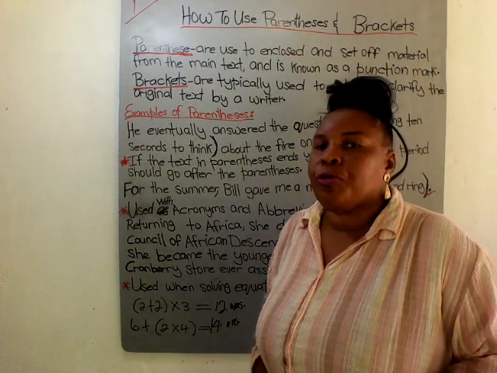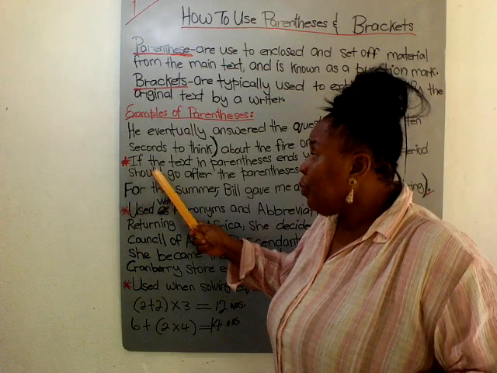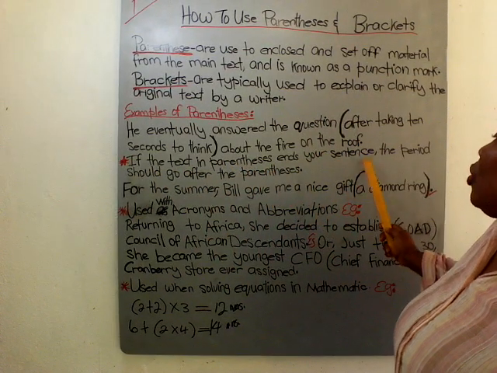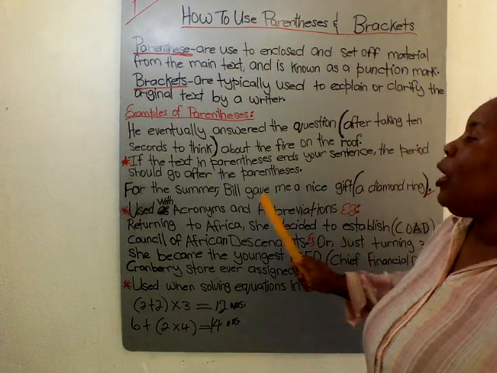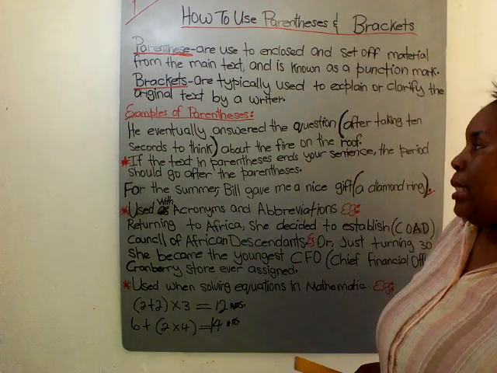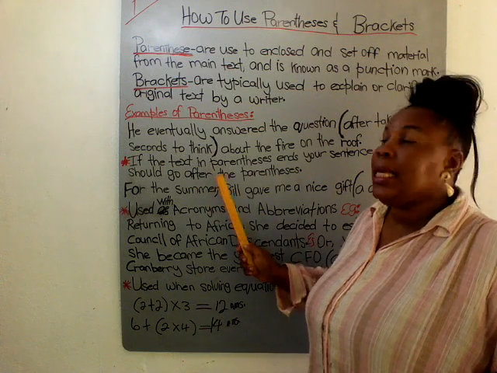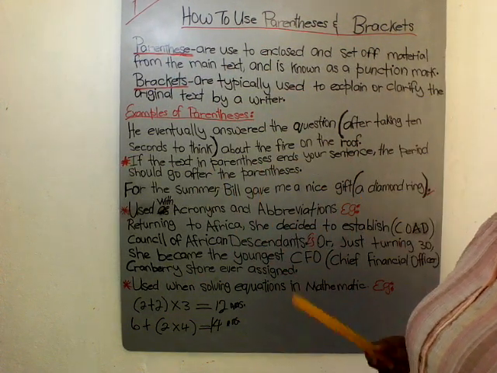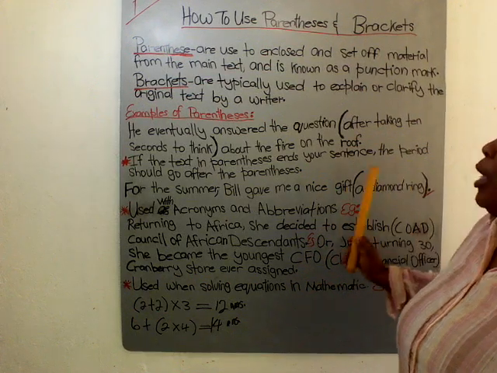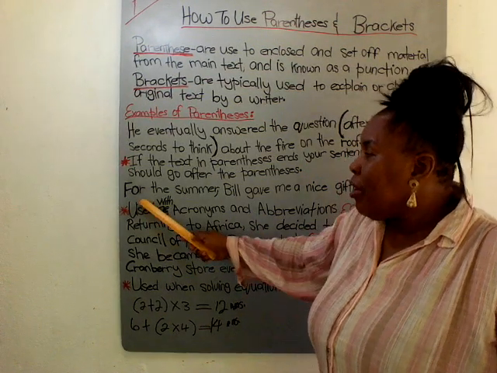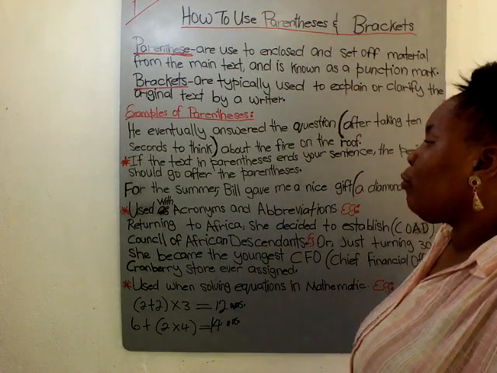Here are some notes for you that you should write down. If the text in parentheses ends your sentence, the period should go after the parentheses. And here's an example I've written out for you.